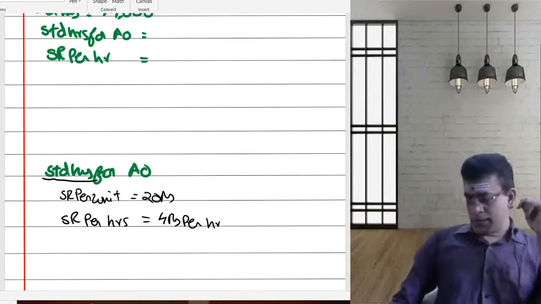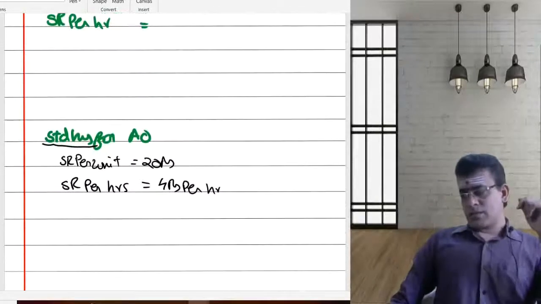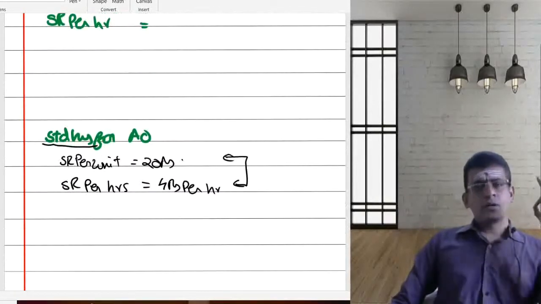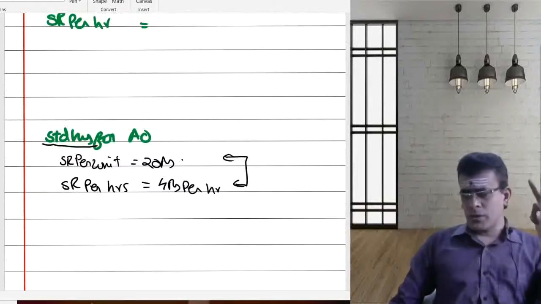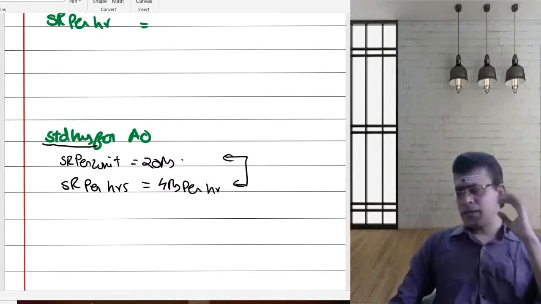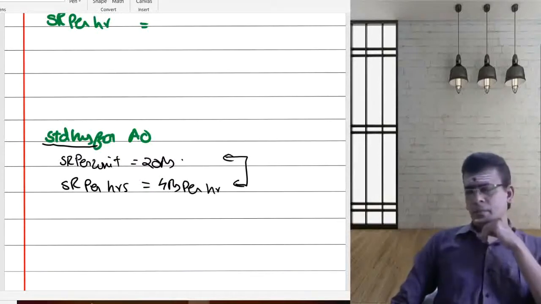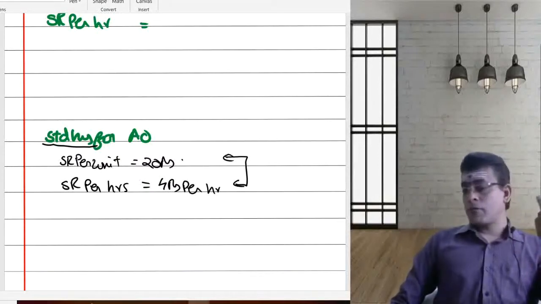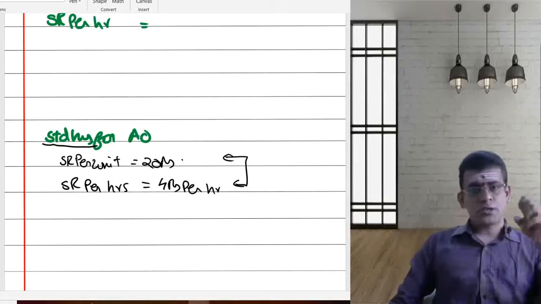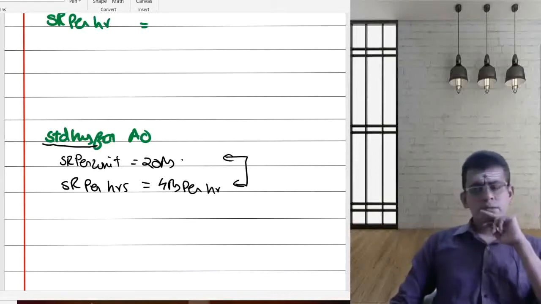Now, in this case, what can I do? This is the clue with which you can find out: 1 unit of standard output should be done in how many hours? See here, 1 unit is 20 rupees, and for 1 hour you are giving 4 rupees. If you go back to the basics, when we discussed absorbed cost, absorption costing and absorbed overheads, what did we discuss?